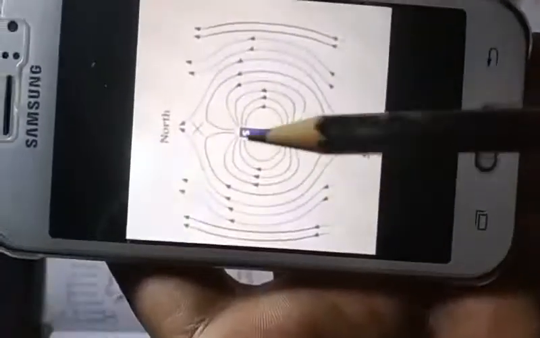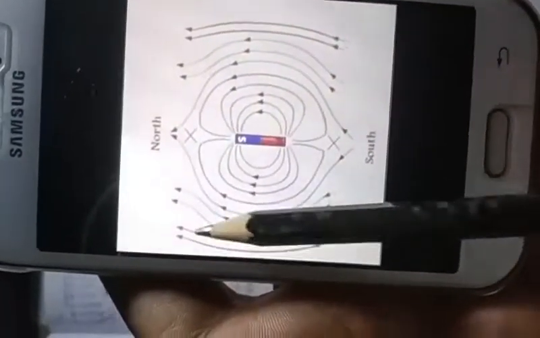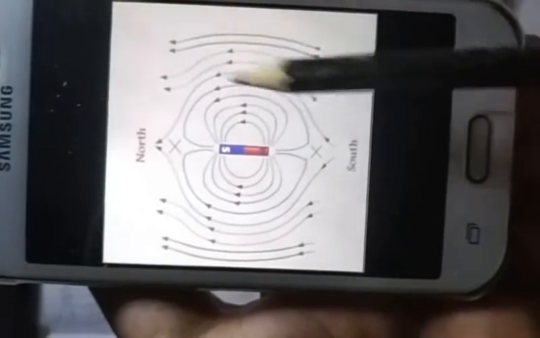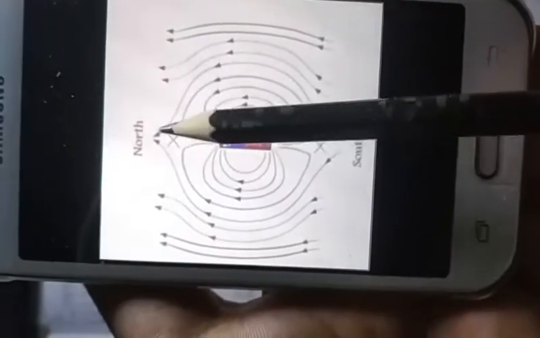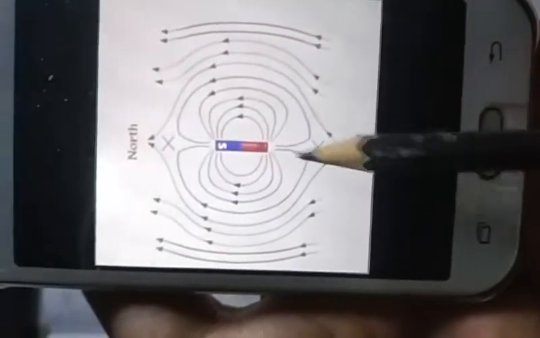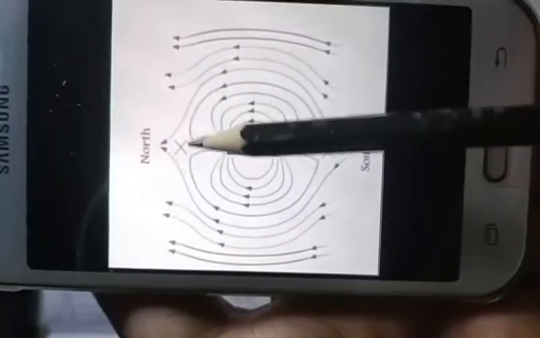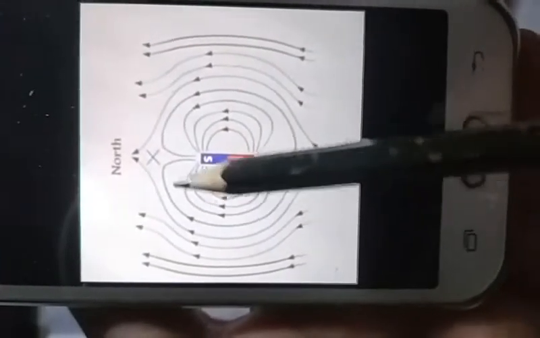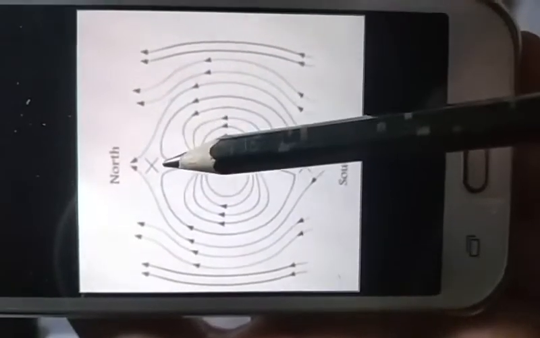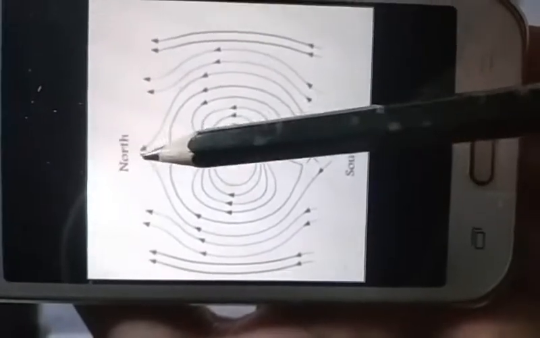I am showing you the picture. This condition happens, you can see north to south. Similarly, that is the Earth's magnetic field outside, and inside the bar magnet it goes north to south. So at these two positions, marked with a cross sign, the magnetic field is from south to north on the below side and on the above side it is reversed.